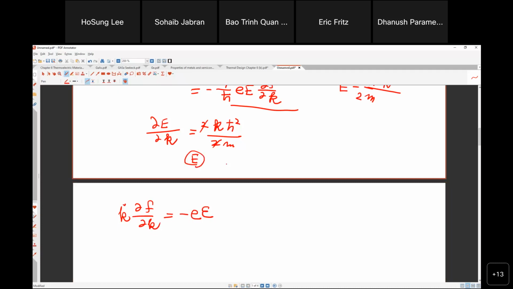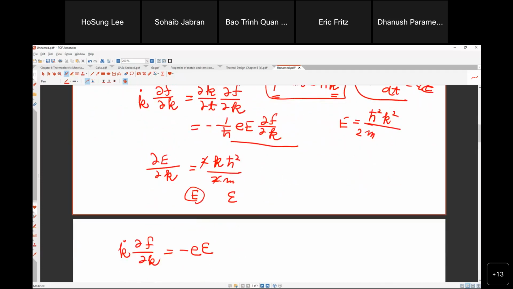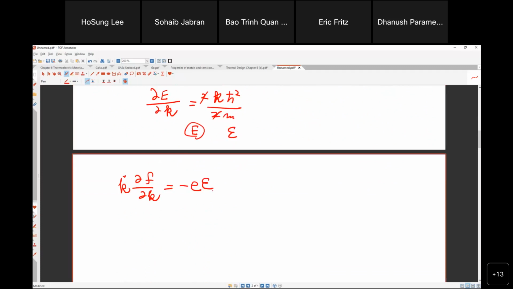This is energy, and then electric field. I'm sorry, electric field is, I'm going to use to distinguish energy. Okay, something like that. So that electric field and the velocity and dF/dE. Okay, something like that.